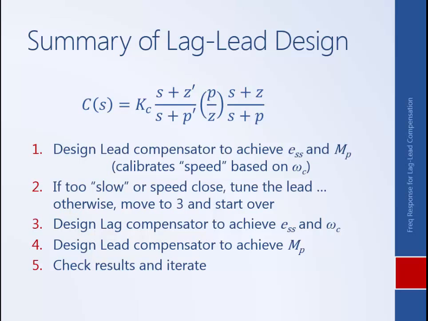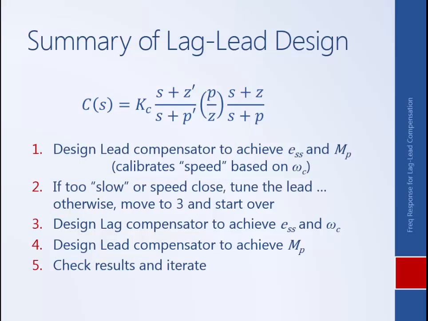The procedure that we followed is the following. First, we design a lead compensator to see if that can achieve all three requirements. It also gives us a benchmark from which to base our design. If we're close, we try to meet all three requirements with the lead compensator all by itself. If we can't, then we do our lag-lead.